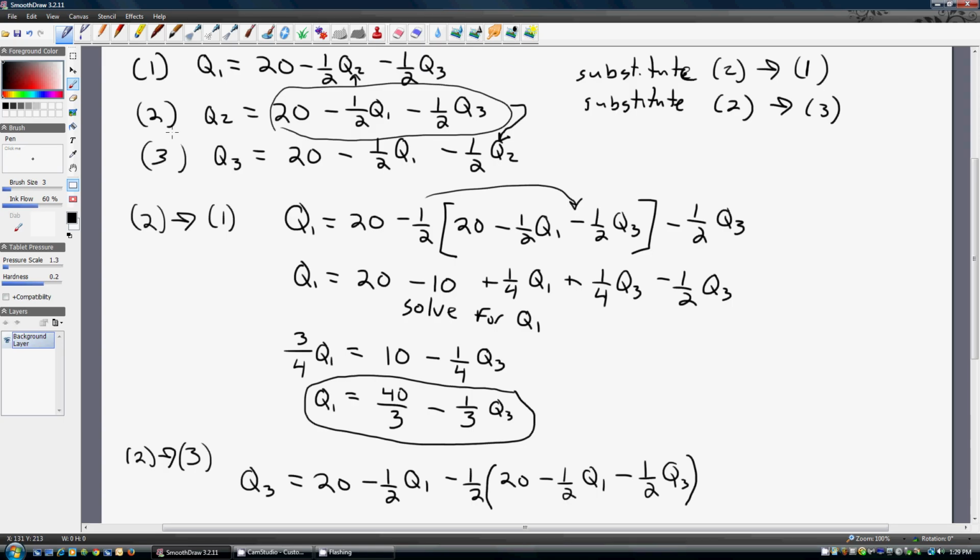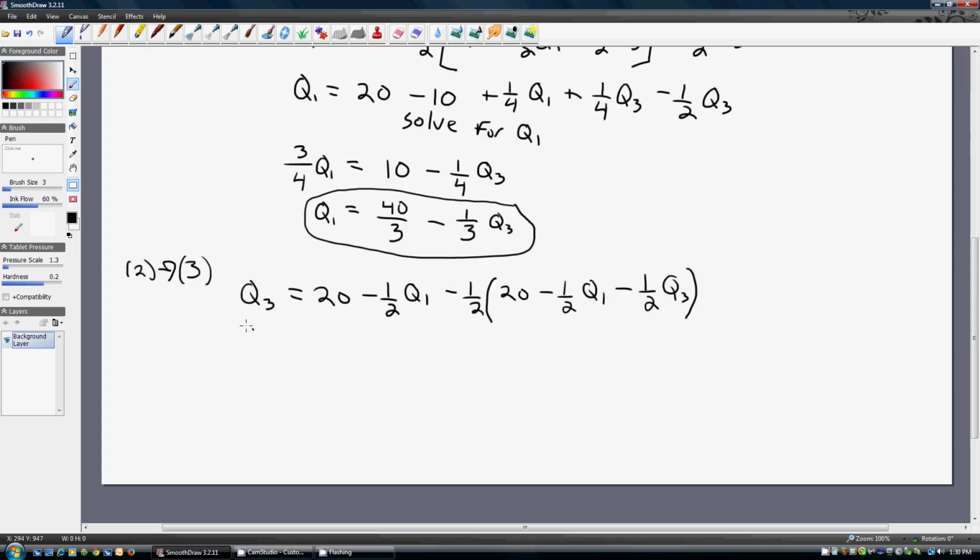Okay, so after substituting equation 2 and equation 3, you have this mess here, we're going to simplify it and solve for Q subscript 3, the output of firm 3. So let me go ahead and do that then. Okay, so now we're going to solve for the output of firm 3.